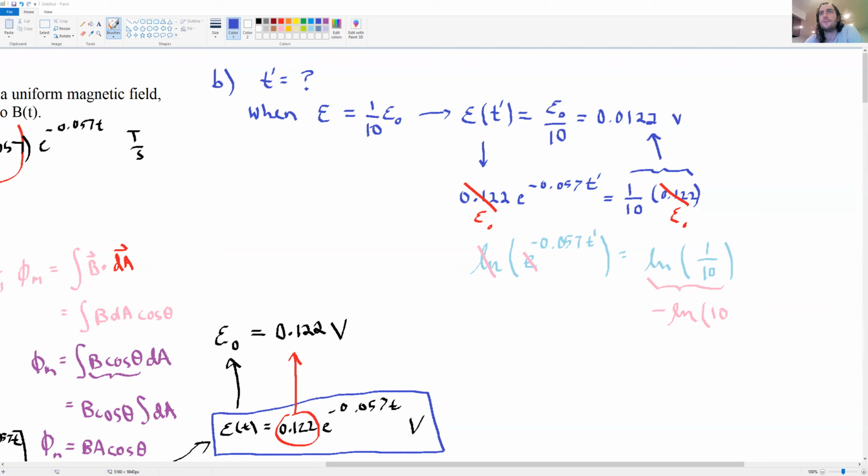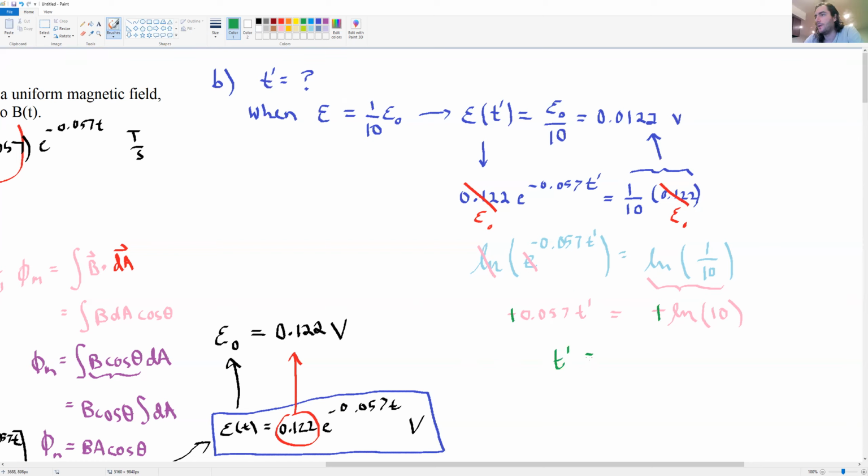So if you're not ready for that yet, just keep working. So minus 0.057 t prime. And then we can cancel the minus signs here.